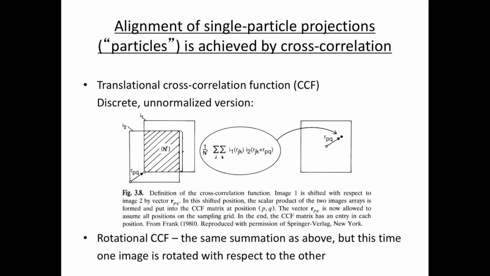And now you proceed to do this in all possible relative positions of the two images. And each time you make a note of this here. And so you gradually fill out this entire matrix with points. And then there is a particular position in which the object coincides on top of each other. And for this position, you get a very large value here. So you're going to find a peak somewhere in this whole matrix.